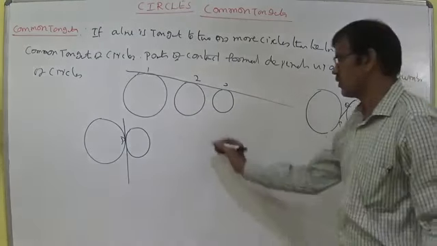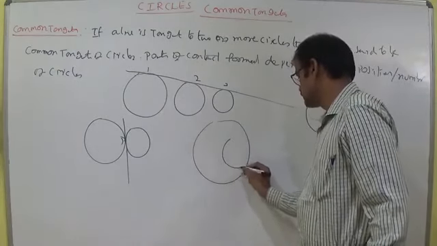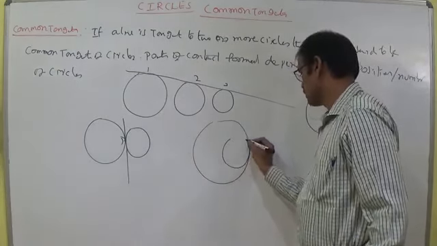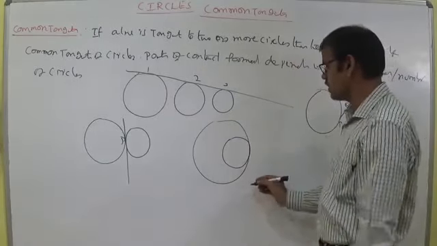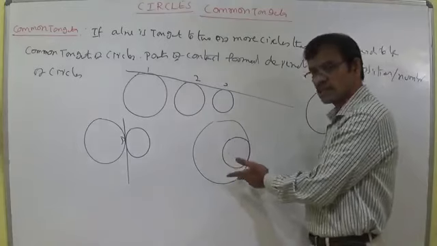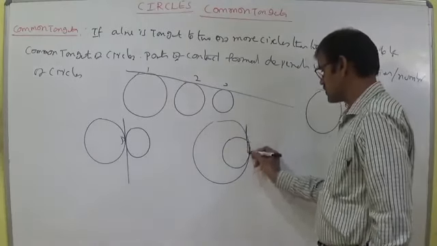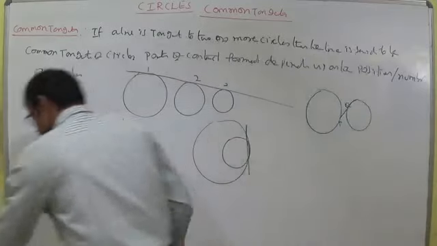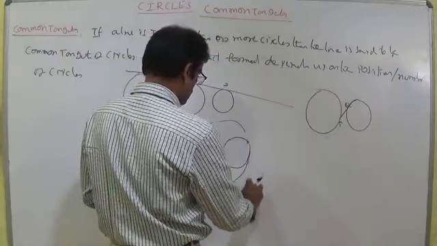Now let us discuss another example. One circle lies inside the other and touches internally. This is called touching internally. Now this is the tangent. Draw properly.